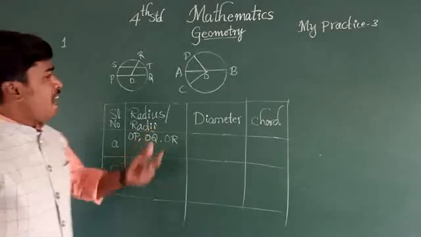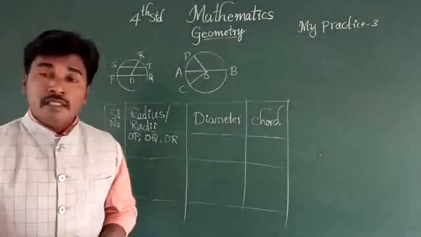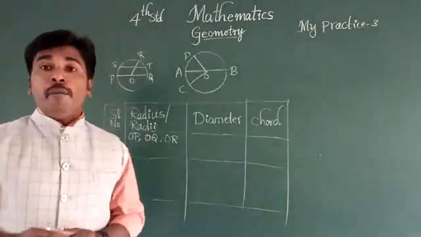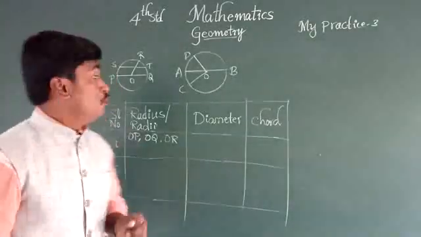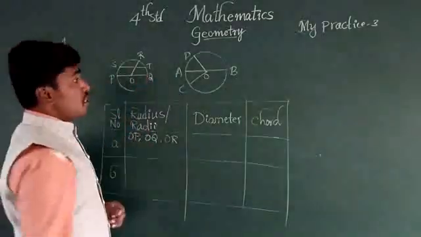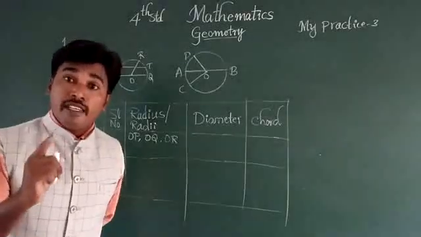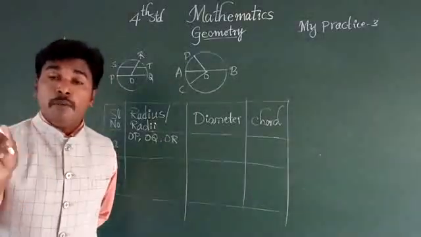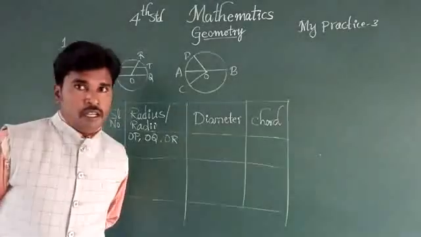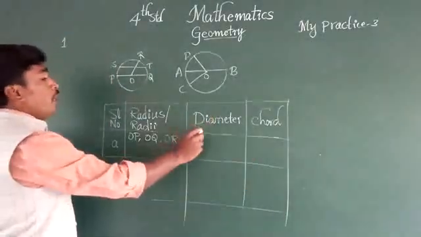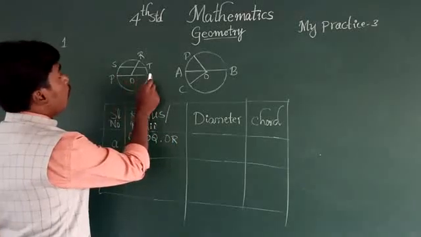Now you observe the diameter. Diameter means any two points on the circle, but the line should pass through the center of the circle. Then it is called a diameter. If it does not pass through the center of the circle, then it is called a chord. So here, how many diameters are there? Only one diameter.